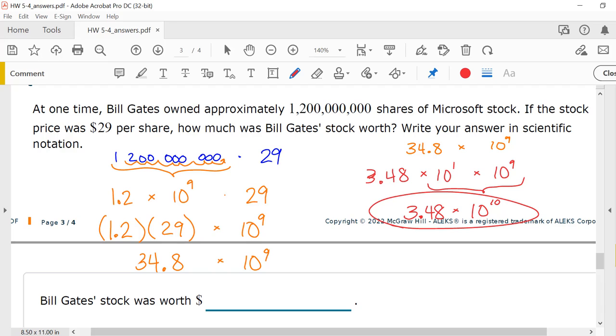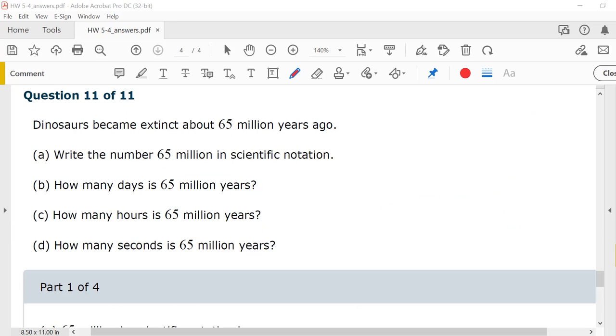Last question, number 11. Dinosaurs became extinct about 65 million years ago. Write the number 65 million in scientific notation. Okay, here we go. There's 65 million written in standard form.